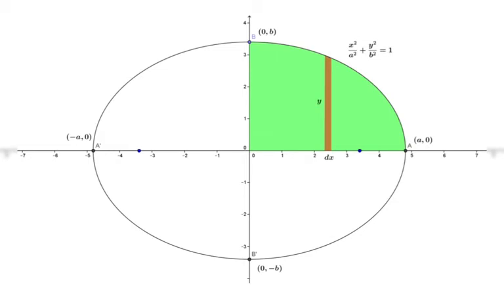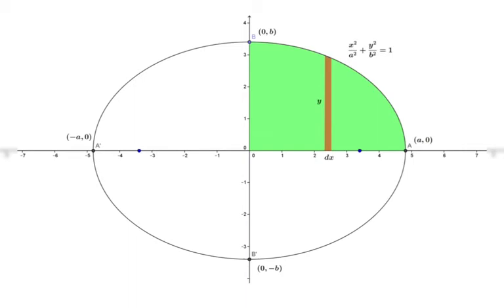But due to the advancements of calculus, what we can do is simply use the definite integral. And the definite integral, as you know, is about finding the area under curves.